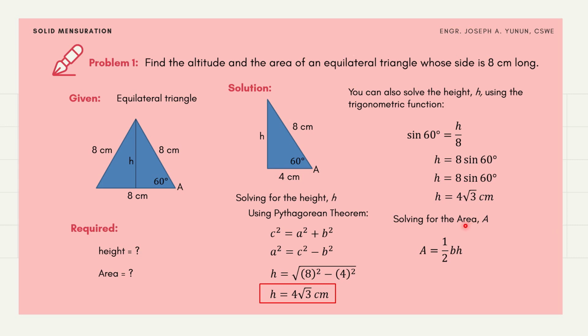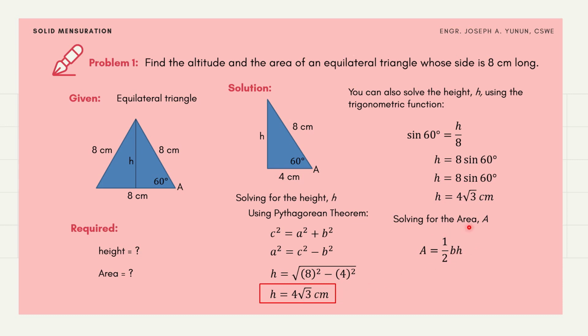So we will now refer to the original given, okay? In solving for the area, you should always go back to the original given. So I'll be using 1/2, then base, and then the height. I'll be using base as 8, and height or altitude, I'll just be using this one.